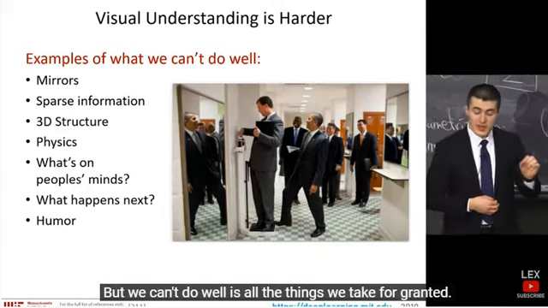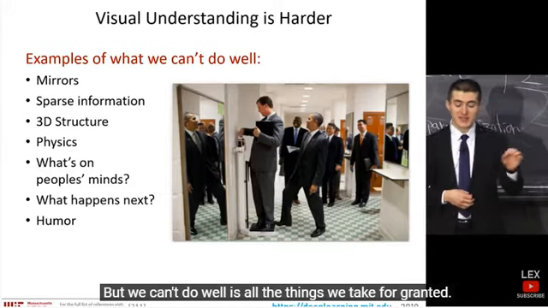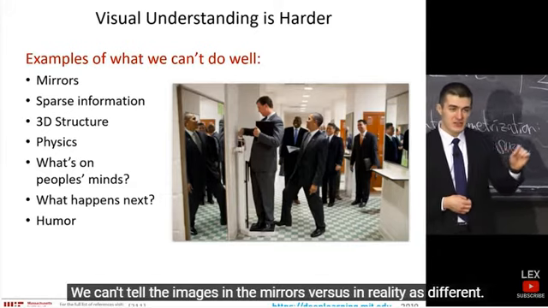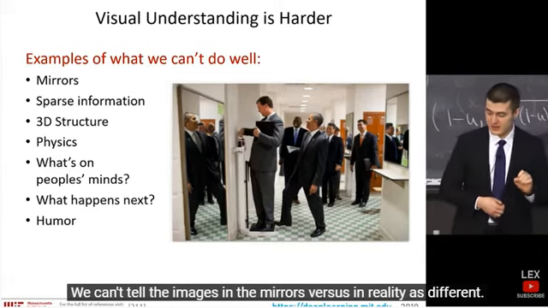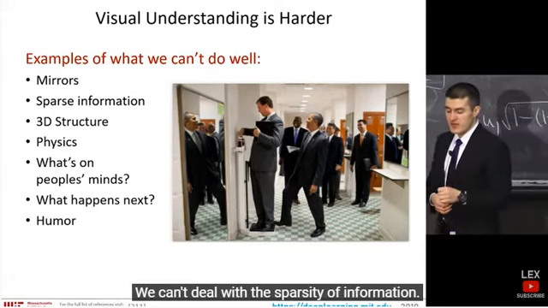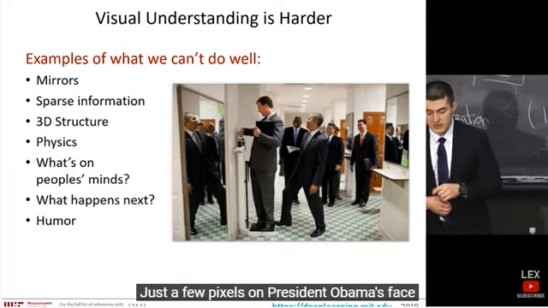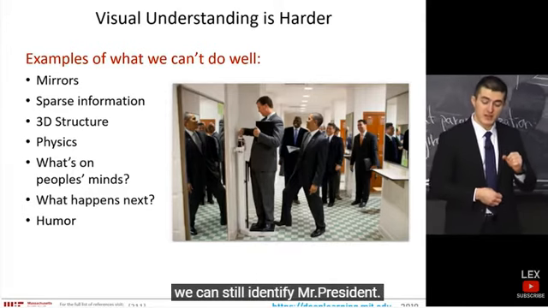But what we can't do well is all the things we take for granted. We can't tell the images in the mirrors versus in reality as different. We can't deal with the sparsity of information. Just a few pixels on President Obama's face, we can still identify him as the president.